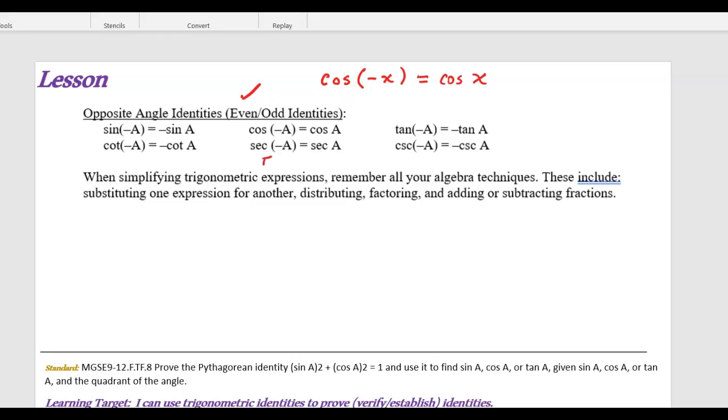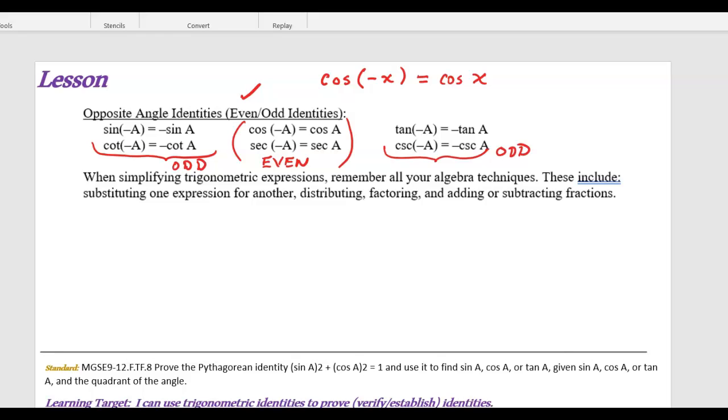Let me remind you, going back: these two functions, cosine and its reciprocal, secant, are even functions. So if you plug opposites in, you get the same number out. All the others are odd functions: sine of negative a is the opposite of sine of a, cotangent of negative a is the opposite of cotangent of a, and so on. Opposites in, you get opposites out.